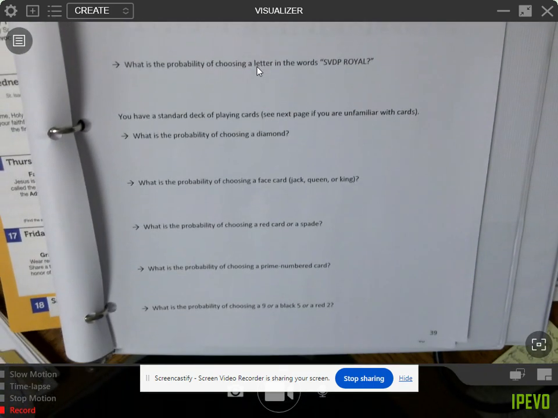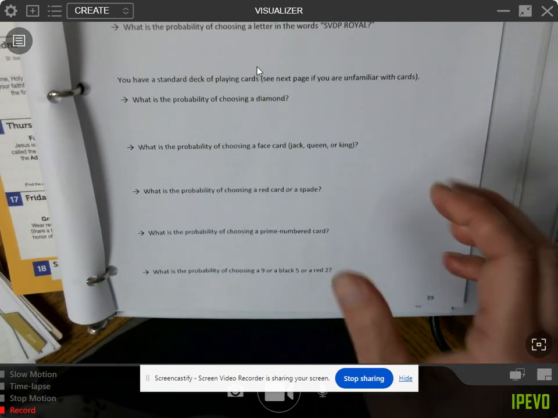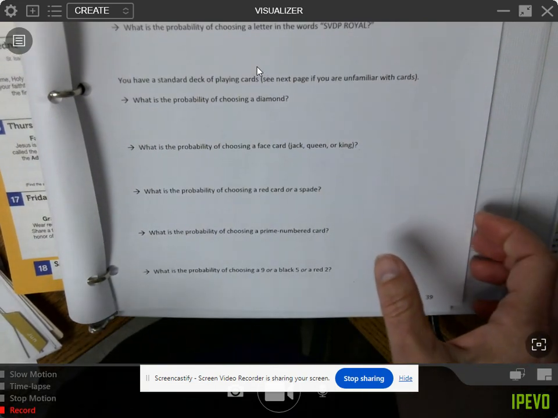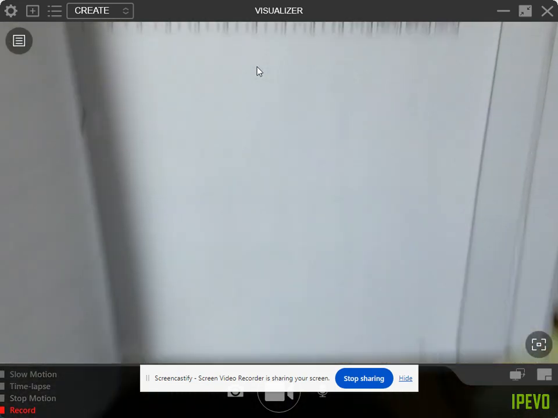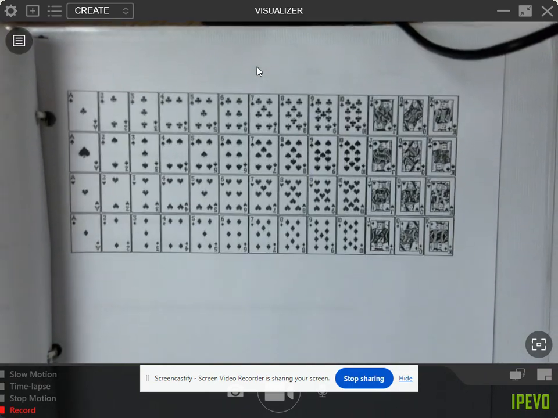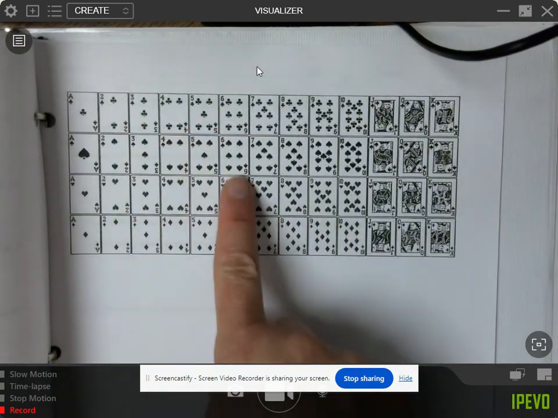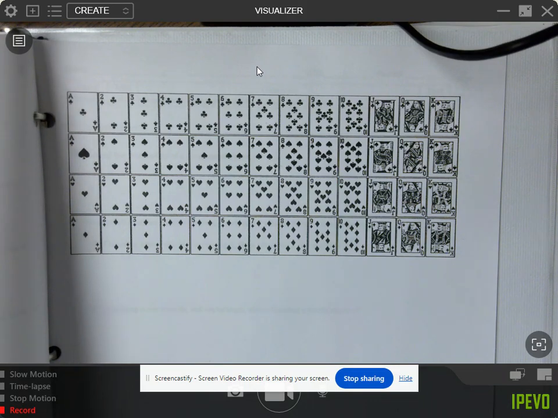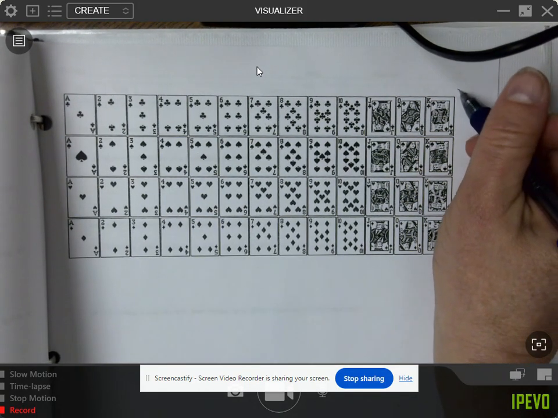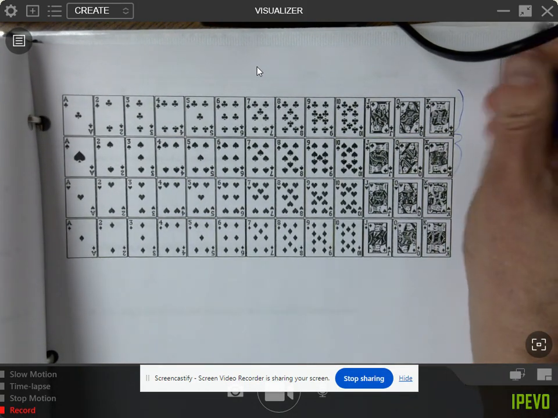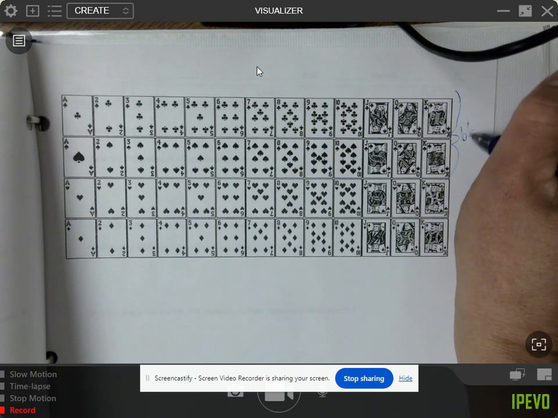On the bottom section, you have a standard deck of playing cards. See the next page if you are unfamiliar with those playing cards. He is telling us the clubs, the spades, the hearts, and the diamonds. To note, these top ones are black in color.